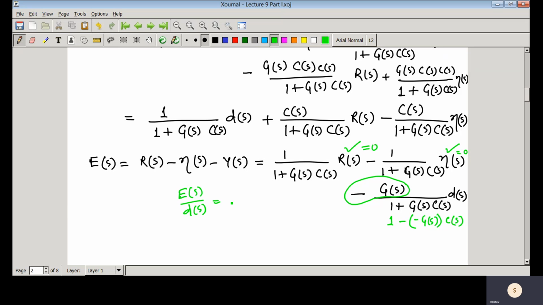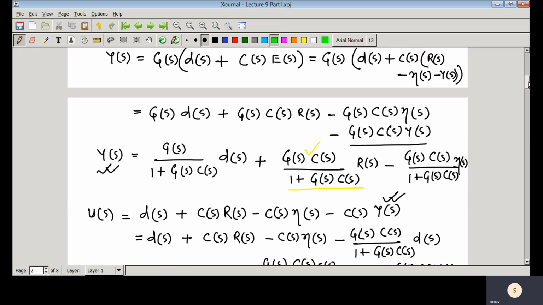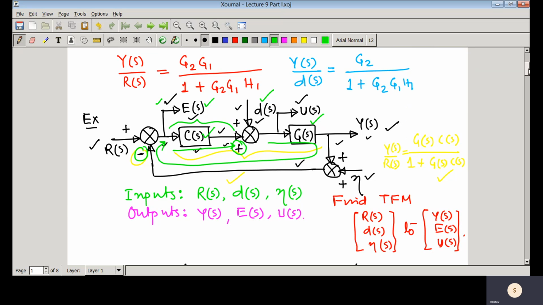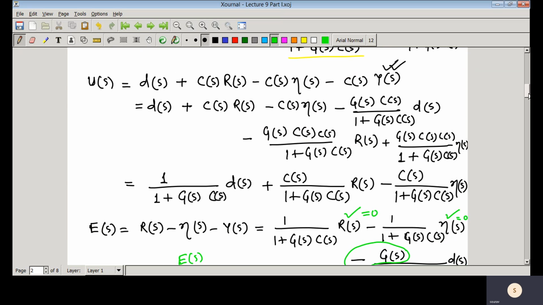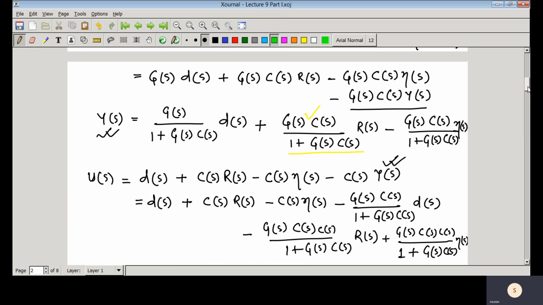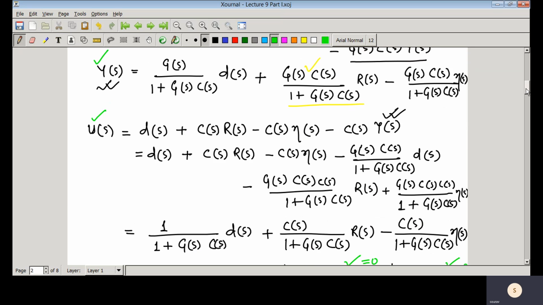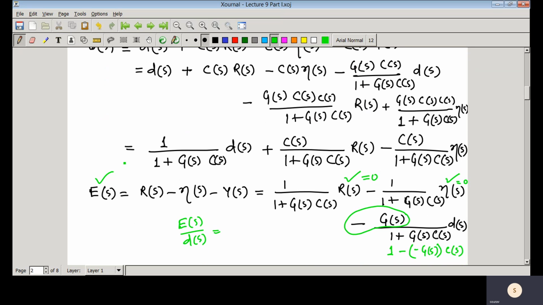So without deriving this, just by inspecting the block diagram, you can write the transfer function. The only thing is you need to identify which one is the forward path and which one is the feedback path, and also see what type of feedback is used in that case. Now if we write all those things, we have YS, US, and another one is ES.